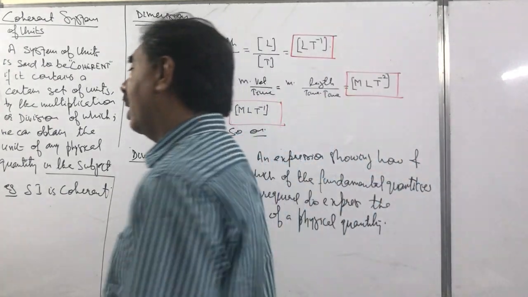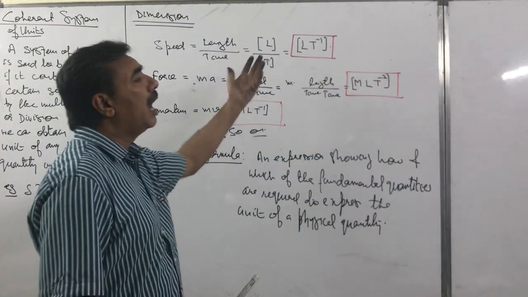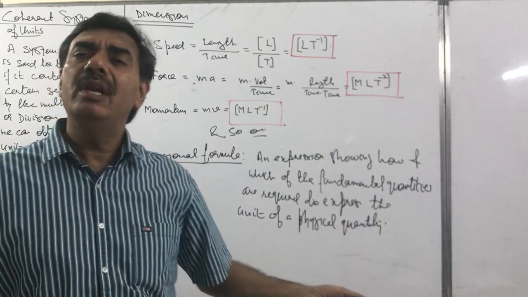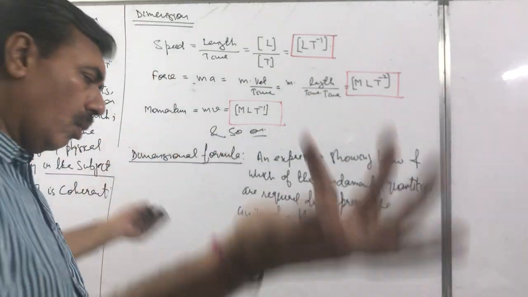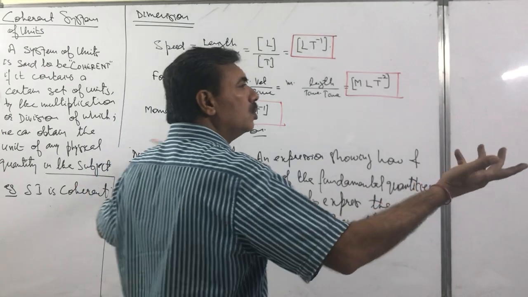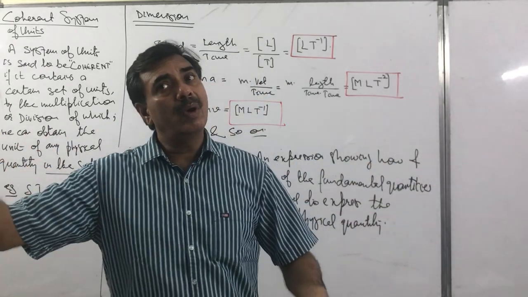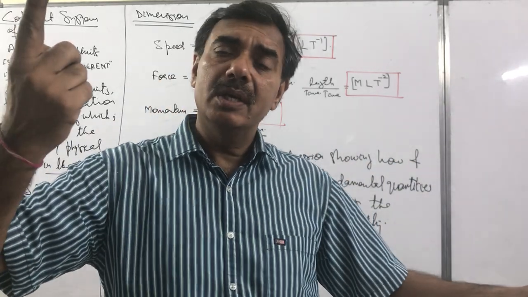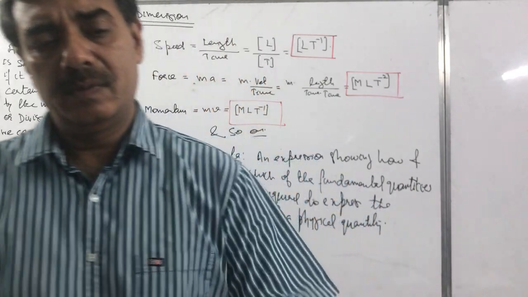Like area, only length is required. Volume, only length is required. Density is mass to volume, so we require mass and length: mass once, length minus 3 times.